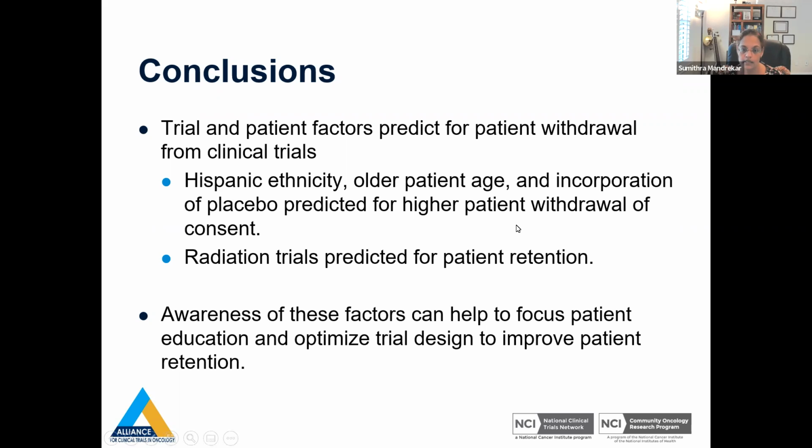But from a statistics standpoint, it was really important to know that the trends for withdrawal are increasing, and there are factors that can probably predict why patients withdraw. There are definitely other factors that we have been asked to look at, like, are these surgical trials, are these neoadjuvant studies? But we don't have a good mix of all types of studies and all types of factors to be able to do a full analysis.